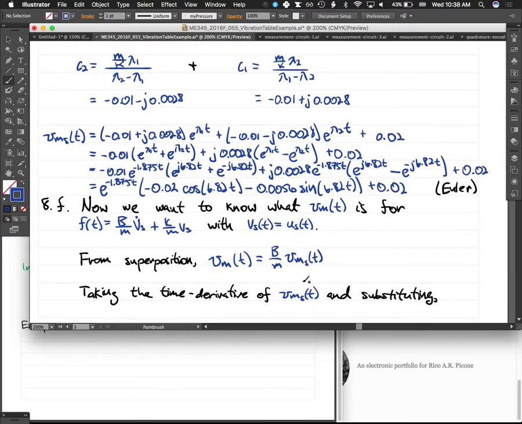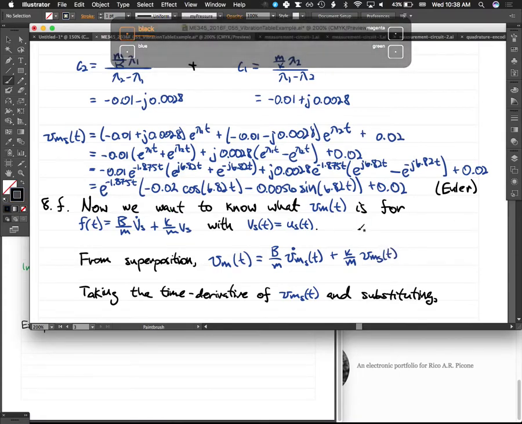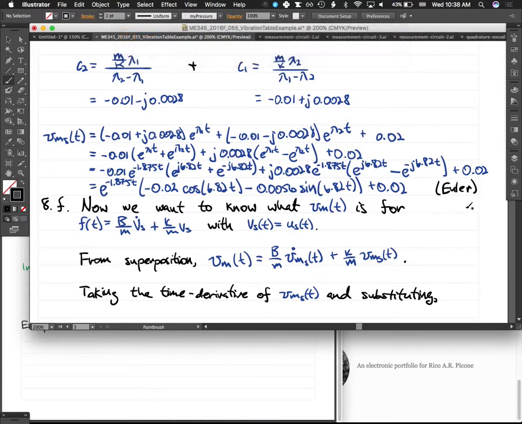But what do we need to do to it? You need to take the derivative, so we need to dot that. And then what's the second term going to be? So we got to add. What's left? So k over m times just Vm s of t, and that's it, right? I mean, that's really the answer.